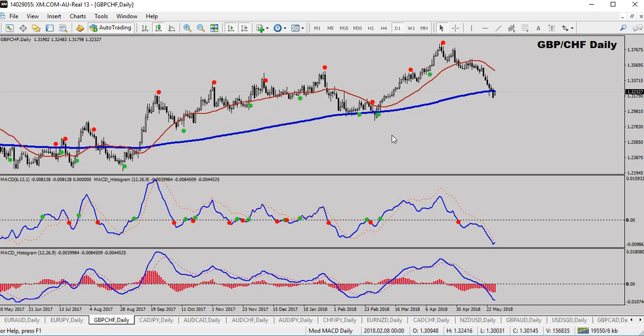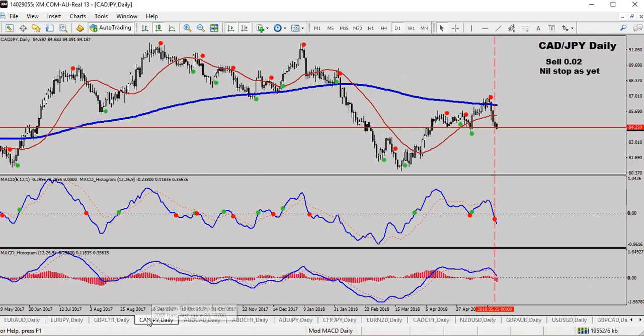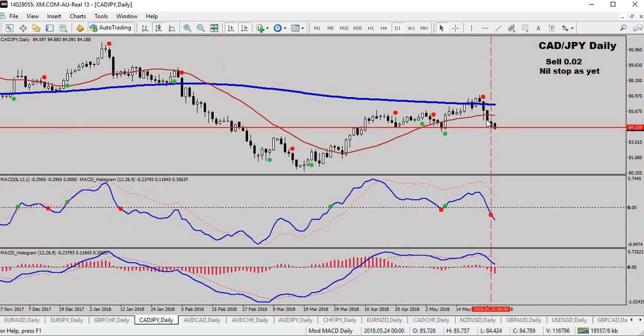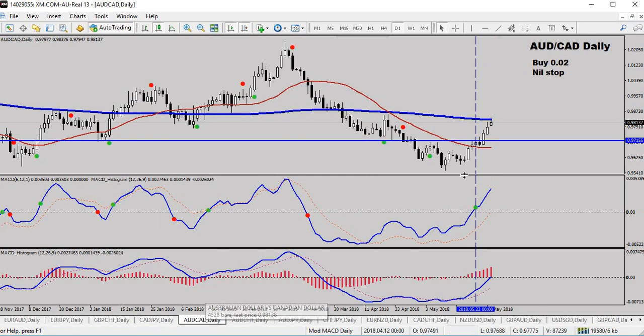Great British Pound Swiss franc, I got in up here somewhere, and it's now at the 240 LMA, and just looks like stalling a bit. Canadian Japanese yen in a sell here from today, well, it looks, yeah, there's a dot there, so it's definitely through. Everything else is fine, just got to wait and see. No stoppers yet, and we'll just have a bit of patience, see how it goes.